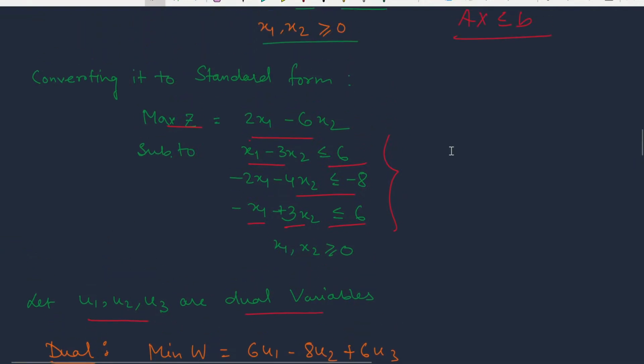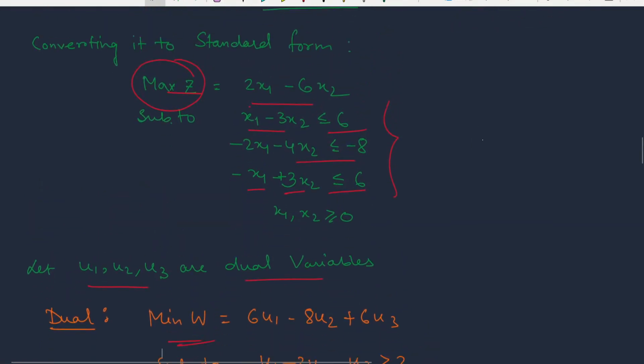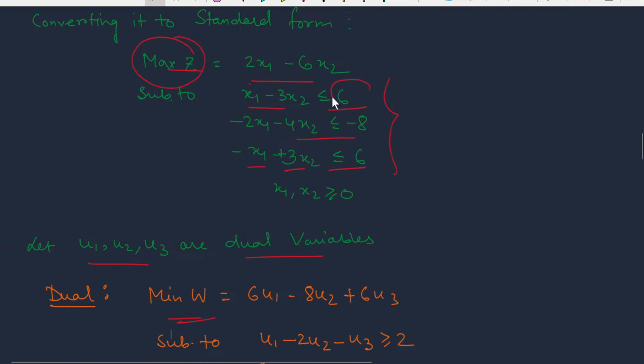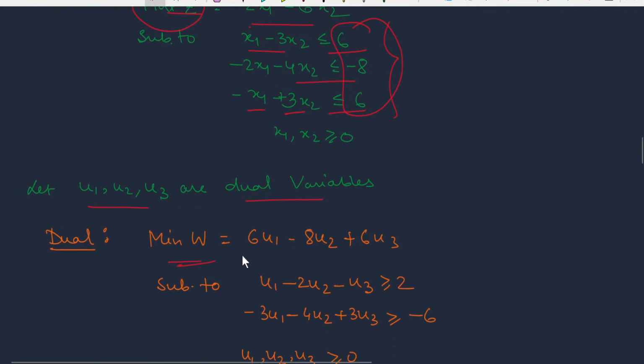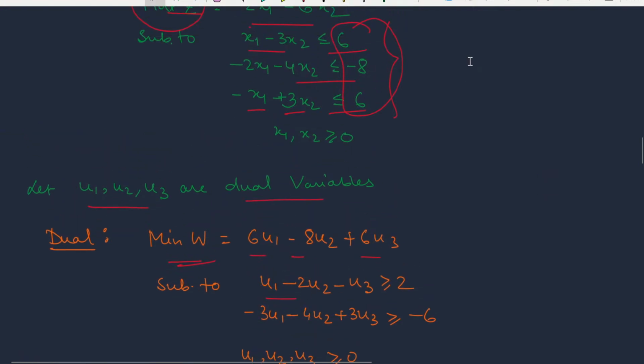First, the maximization problem is converted to a minimization problem, minimum of w. The requirement vector of the primal problem converts to the objective function, that is the cost vector. So here we write 6, minus 8 and 6 as the cost coefficients. The coefficient matrix of the constraints of the dual is the transpose of the matrix of the primal.